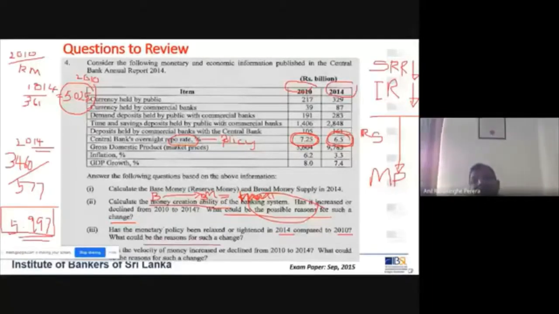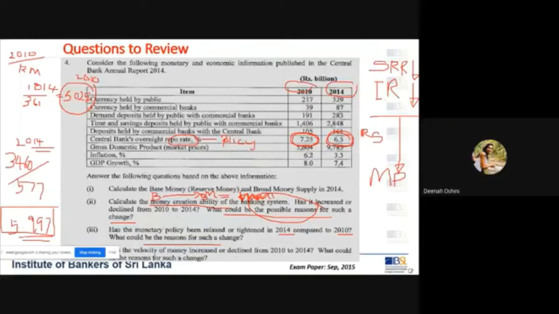What are the reasons why it has been reduced or relaxed? Can anyone suggest a possible reason for such monetary policy relaxation? Decrease in repo rate.